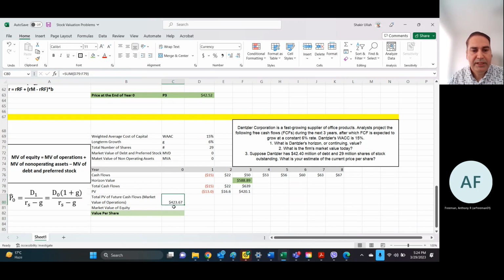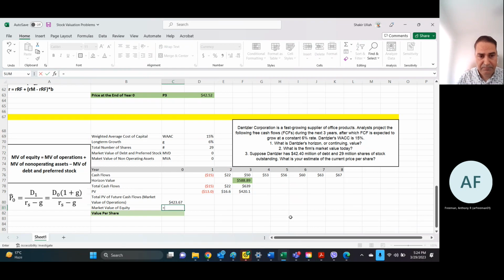Now what will be the market value of equity? In this case, market value of equity is the same as the market value of operations because we don't have any debt or preferred stock. But if we had any, then the total market value of equity would be equal to the market value of operations plus the market value of non-operating assets, which is 0 in this case, and minus the market value of debt, which is 0.